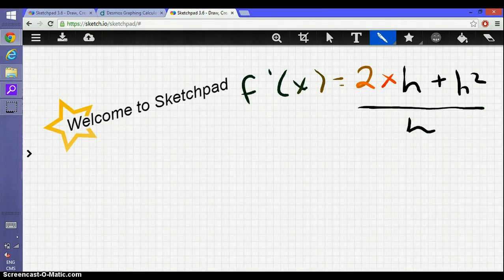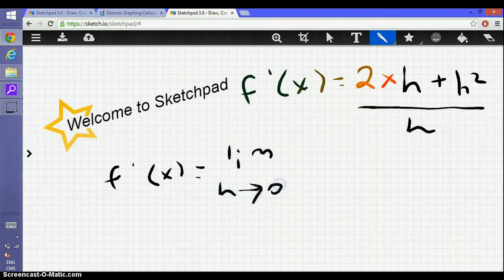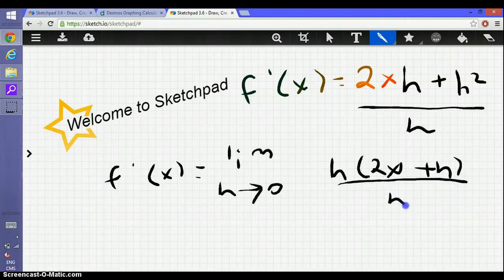Now, if you remember factoring, since we have h common, we can factor out the h. I forgot to include the limits there, but don't do that. So h approaches 0. Now we can factor out the h: h times 2x plus h over h. The h and the h cancel out.